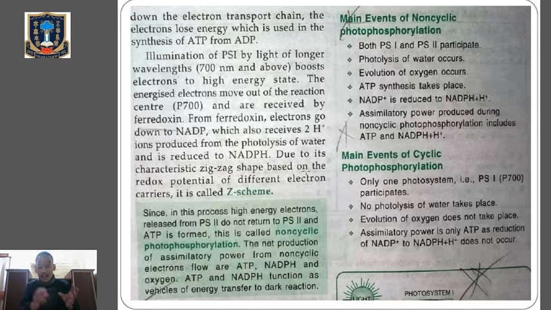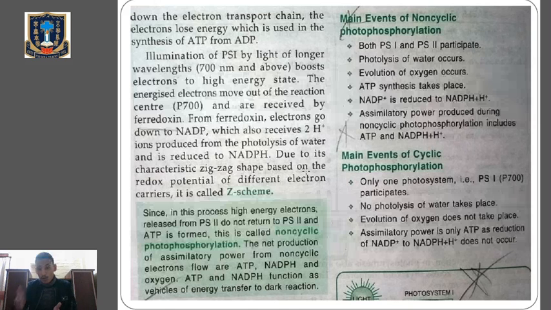Now that electron acceptor, after receiving the electrons, will move downhill, and when the electron moves downhill through the electron transport system, that electron will be utilized for the formation of NADPH. Now, listen very carefully: in PS2, when the electron was moving downhill through the ETS, electron transport system, there is formation of ATP.